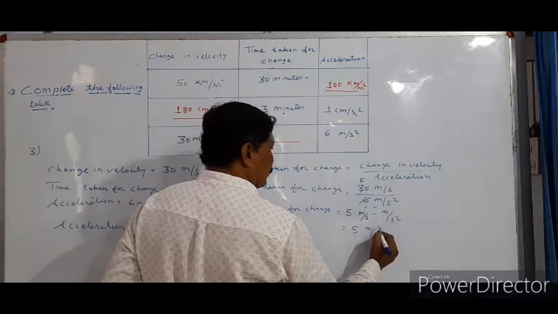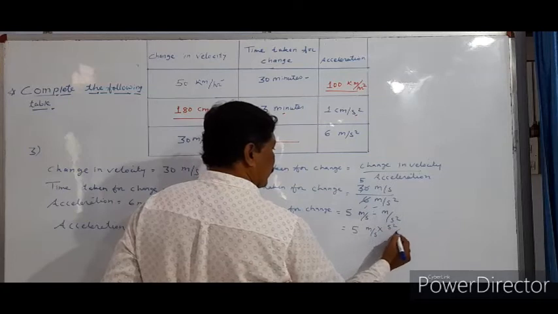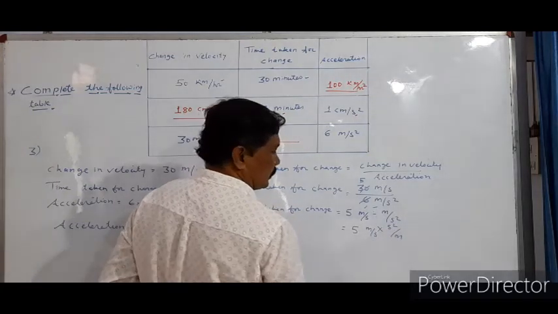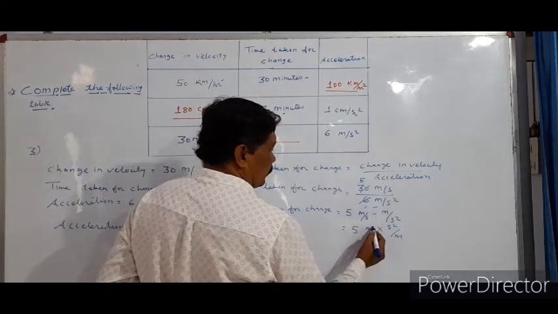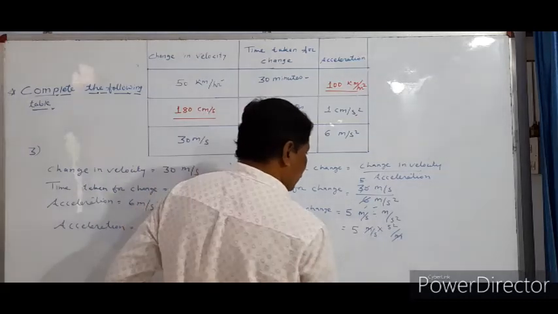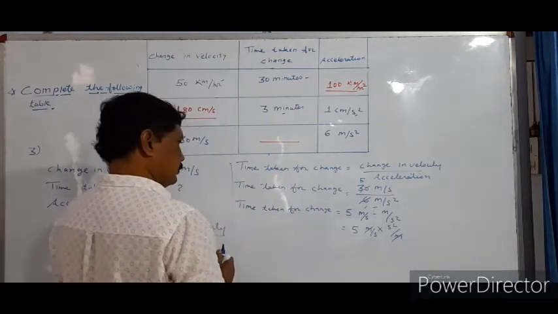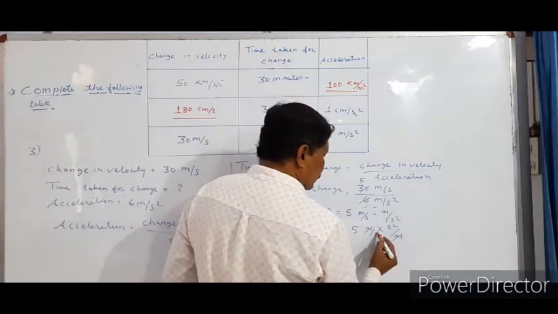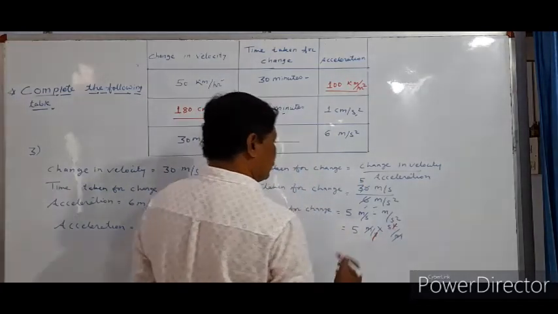Division will be converted into multiplication, second square upon meter. So meter gets cancelled, and one s and s get cancelled.